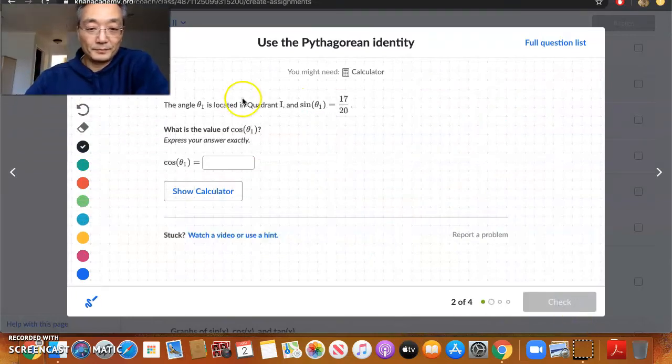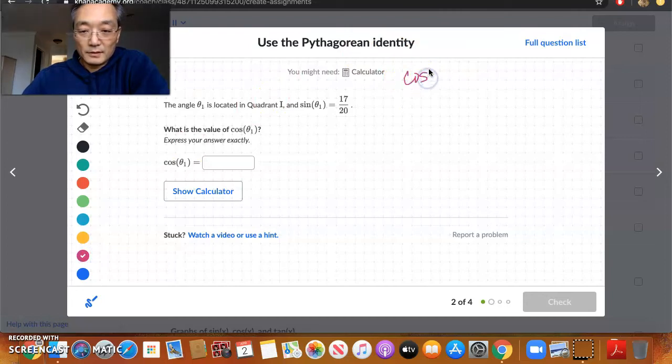Okay, next problem. The angle theta 1 is located in quadrant 1, and the sine of theta 1 is 17 over 20. So before I do anything, I'm going to write my expression: cosine squared theta plus sine squared theta is equal to 1. And I'm going to take my value for sine theta, which is 17 over 20, and plug it in.